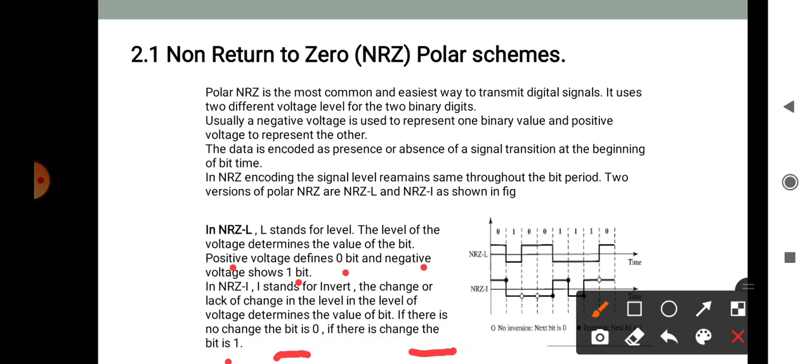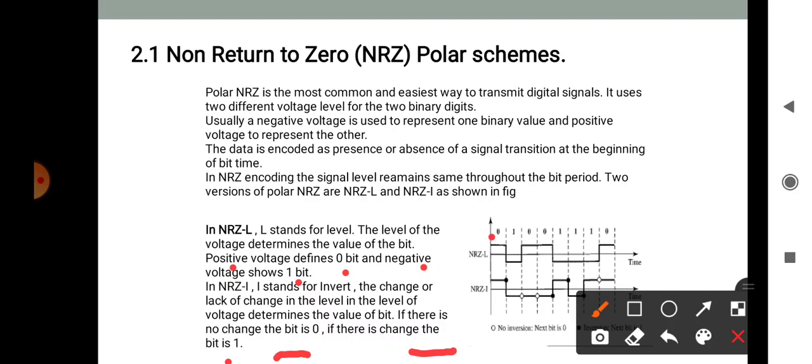See, this is the diagram. Here are the representations for the polar NRZ-L and NRZ-I. Here the data passed is 0 1 0 0 1 1 1 0. First is NRZ-L. Remember, this is the rule for NRZ-L: positive voltage defines 0 bit and negative voltage defines 1 bit.